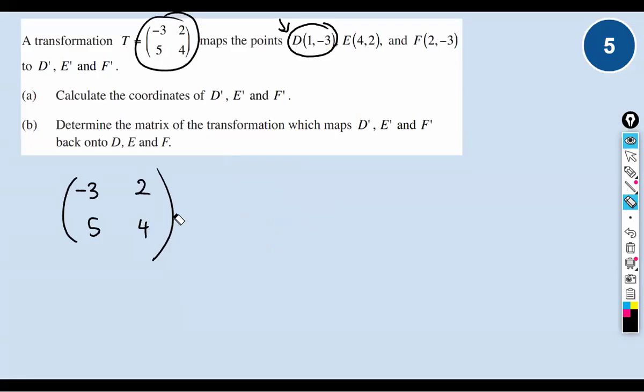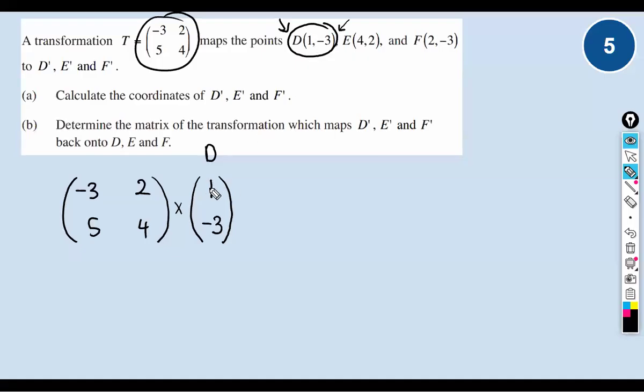But one little catch. Whenever you are taking a matrix and multiplying it by a point, you know how a point is? The first one is the x and the second one is the y. When you multiply it by a point, you just have to write the point vertical. So point D, you put the 1 on top and the -3 underneath.